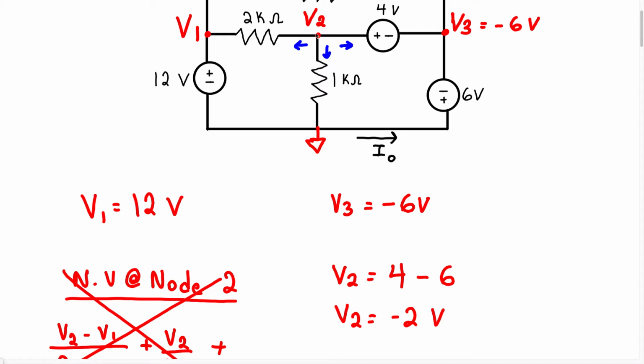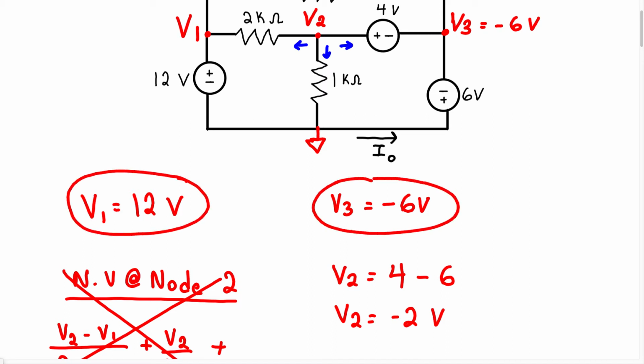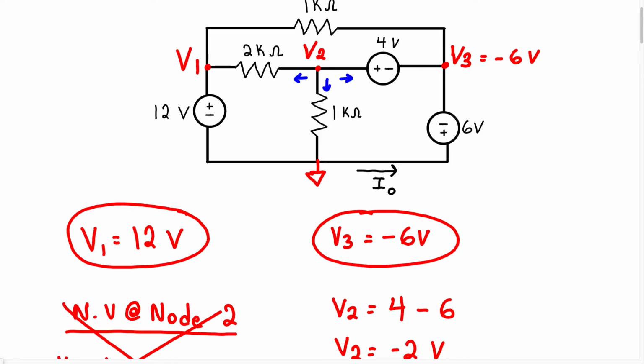So we know the voltage V2 is going to be negative 2 volts. Now, if you're having trouble seeing it that way, you can use KVL to find the voltage at this 1K resistor. Once you find the voltage at this 1K resistor, you know that's going to be the same voltage as node 2.